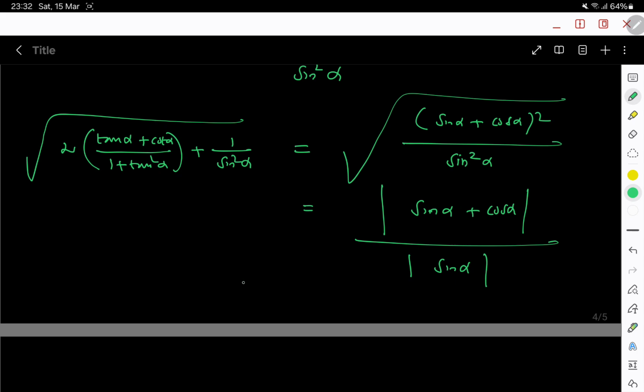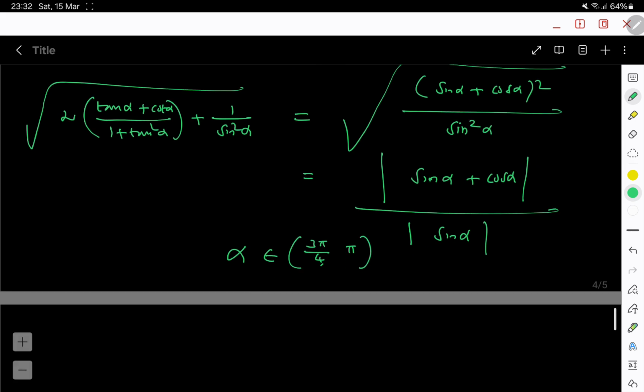Here in the given problem, alpha belongs to 3 pi by 4 to pi, that is 135 to 180 degrees. So 3 pi by 4 to pi comes in the second quadrant.